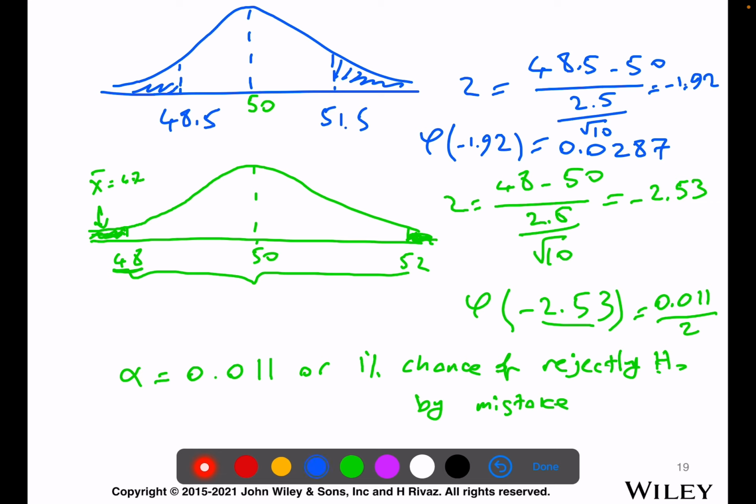And in the blue curve, alpha was 0.05 something, 57 I guess, or 5.7%.